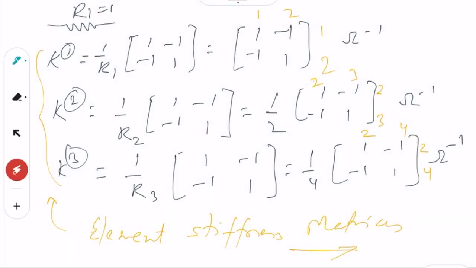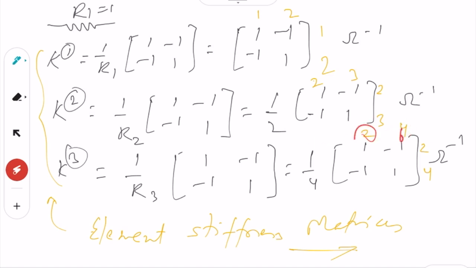Now look at the third one. We have finished 2 3 2 3. Now 2 4 2 4 means local 1 is global 2, local 2 is global 4.